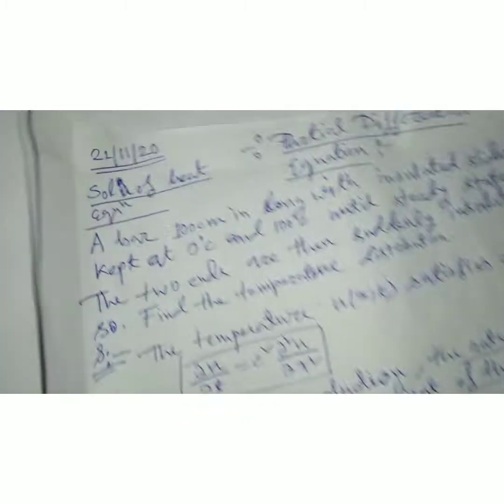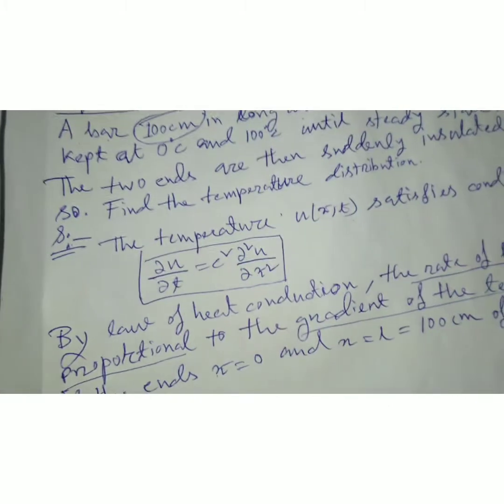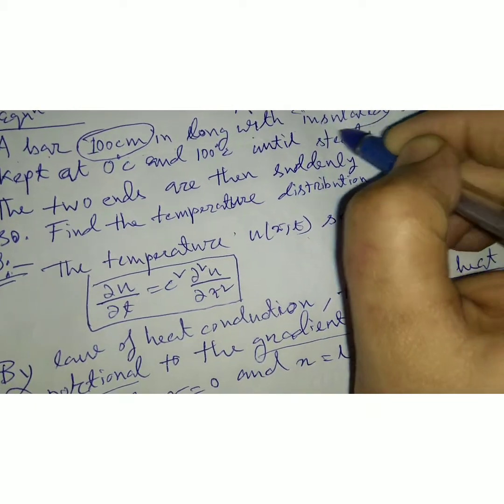Mark it, this is everything given in the question: 100 centimeters and insulated. What is the meaning of insulated? The meaning of insulated is no heat.